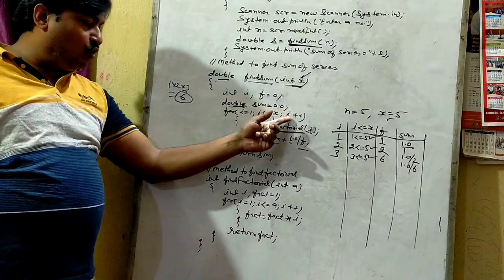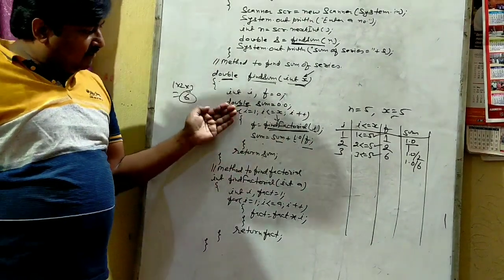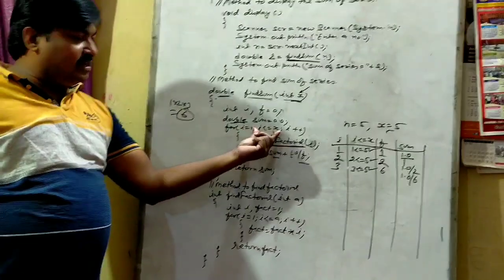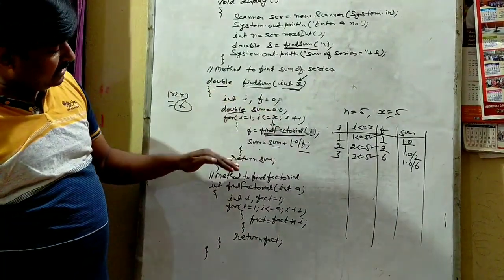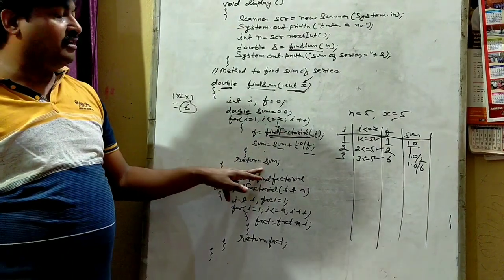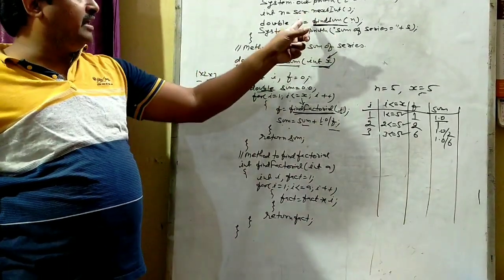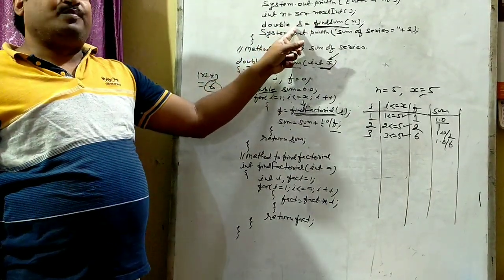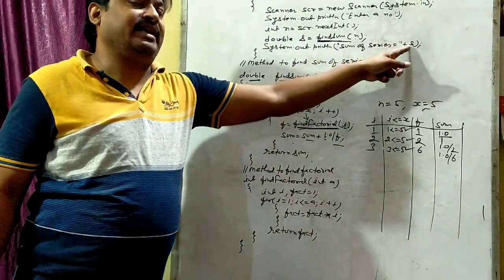After completing the loop, when the condition evaluates to false, the loop will terminate, and the return statement will return the sum of series. This value will be returned to the calling place, stored in s, and we will print s.